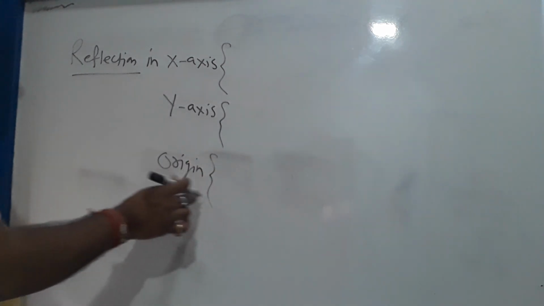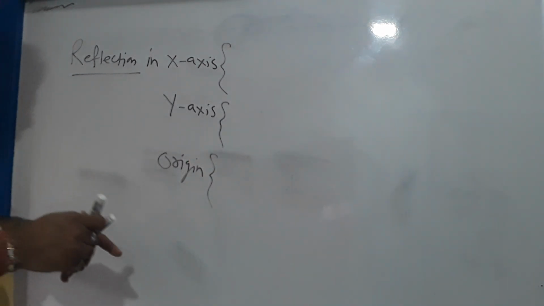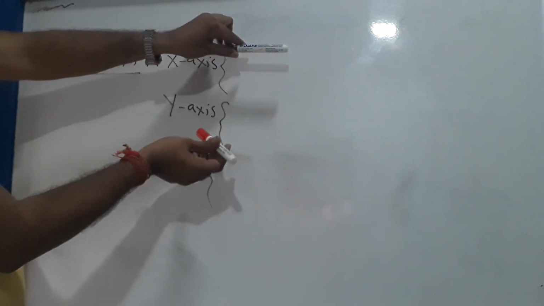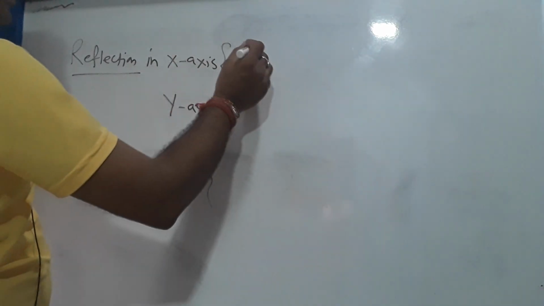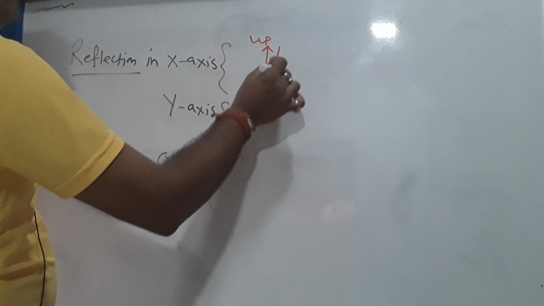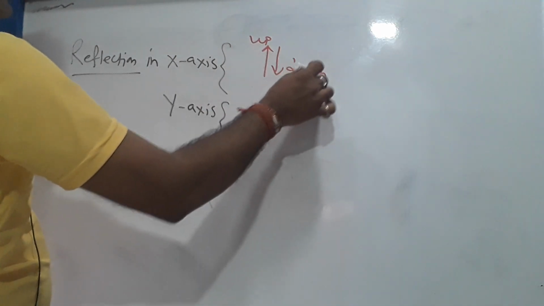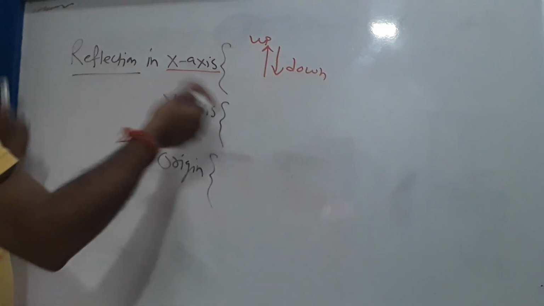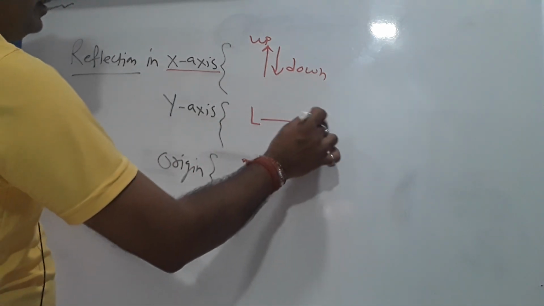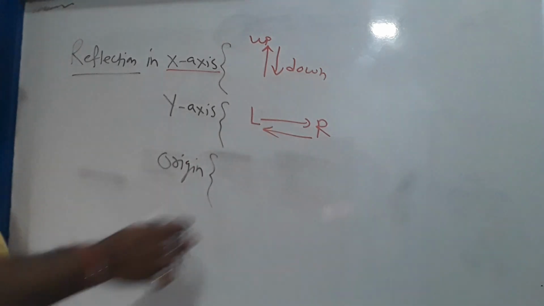When it is reflection in the x-axis, the horizontal line, then up goes to down, down goes to up. Reflection in the y-axis: left goes to right, right goes to left.